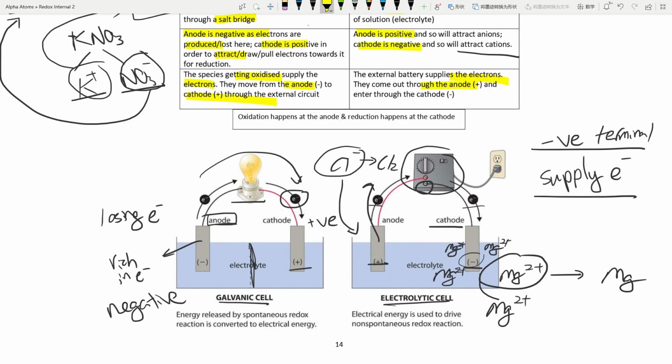But it doesn't matter which one you have: oxidation always occurs at the anode, reduction always occurs at the cathode. So just make sure that you can do this comparison.